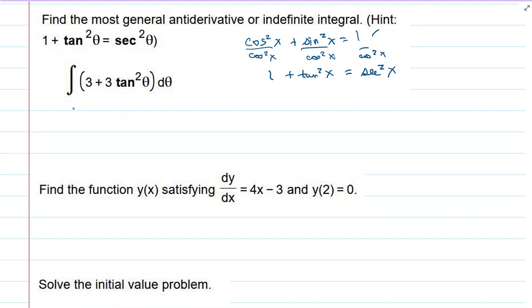So what am I going to do here? Well, I'm going to first factor out a GCF, and I'm going to substitute it. So that gives me what?